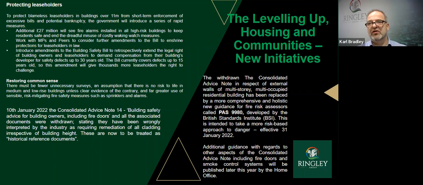So not necessarily requiring an EWS1, but in a building that is more than two households, you need to do a fire risk assessment under the Fire Safety Order and include a PAS 9980 review of the external envelope of the building.